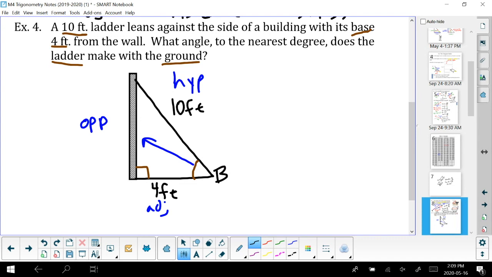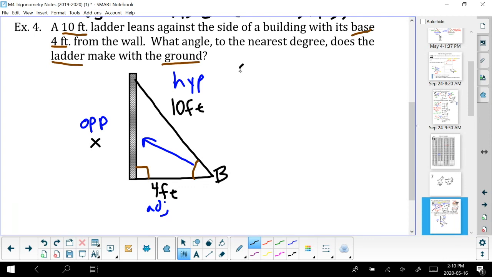Now we do have a problem here. In order for us to figure out what angle B is, we need to identify what that opposite side is. So let's call that side length X. And we're going to have to go back to grade 9 to remember how to do this type of question. If we're trying to look for the side of a triangle, we need to look at the Pythagorean theorem.